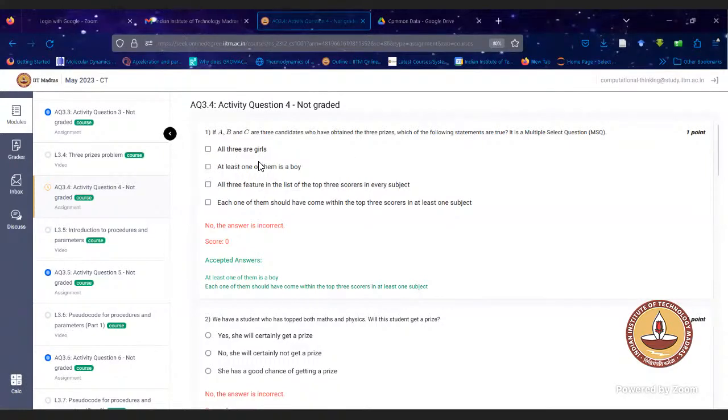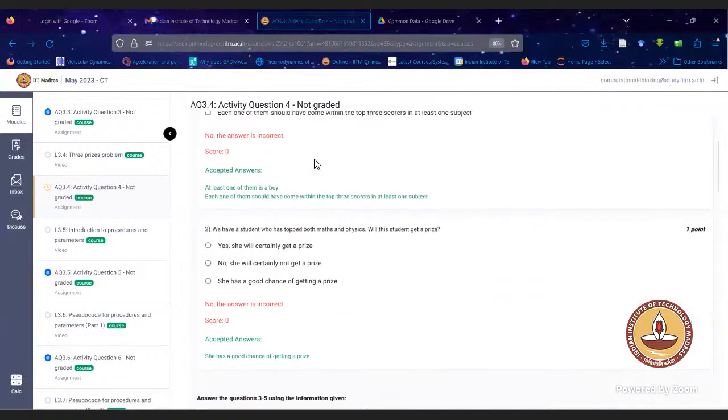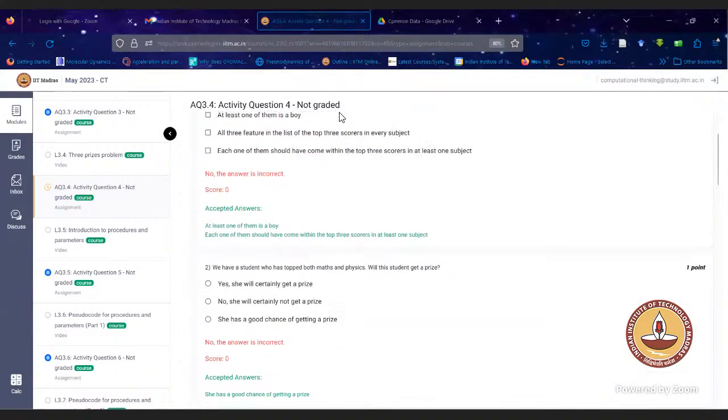That's why all 3 being girls is not actually in the 3 prize problem, as he has explained. This is not true, and this is also not true. Only these 2 are true. At least one of them is a girl is also okay. At least one of them is a boy is also okay, in order to maintain the gender ratio in the top 3. Does this answer your query?